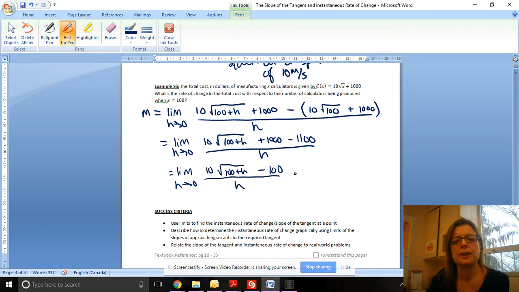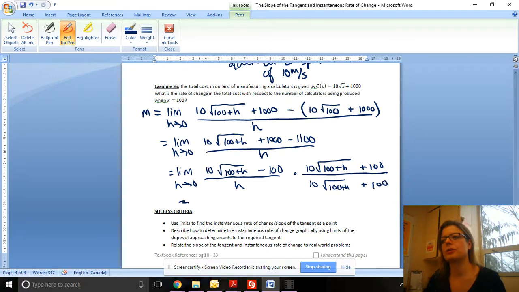So we're going to multiply that now by 10 root 100 plus h plus 100 all over 10 root 100 plus h plus 100. Okay, so I'm going to have you guys actually go and solve that because I know you can. And check in with me tomorrow and we'll see if you guys got the right answer.